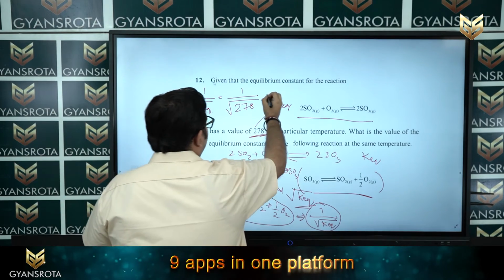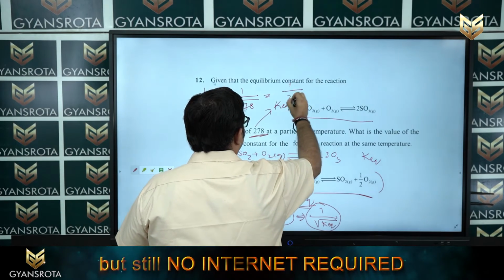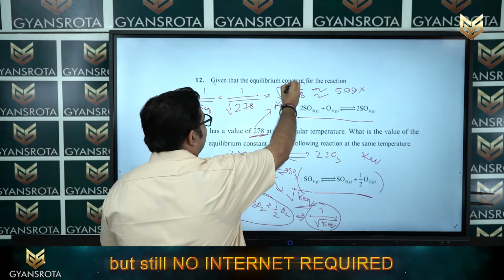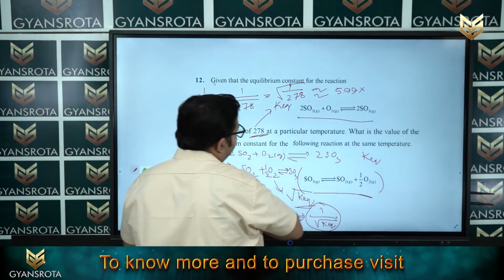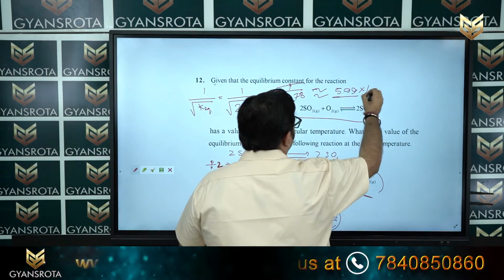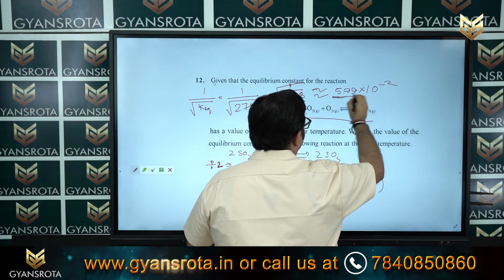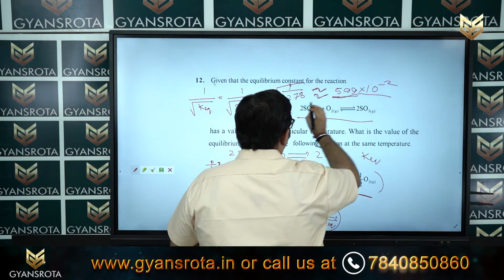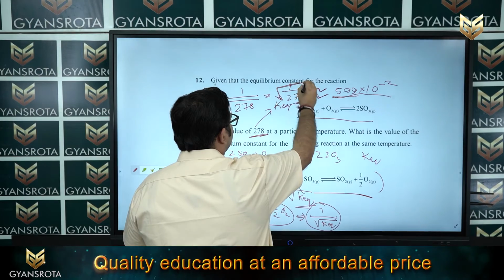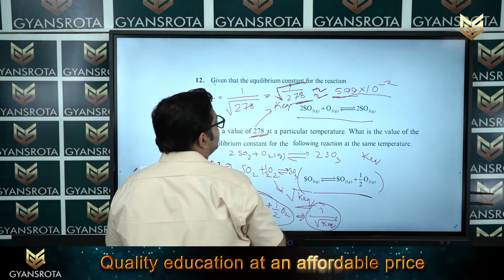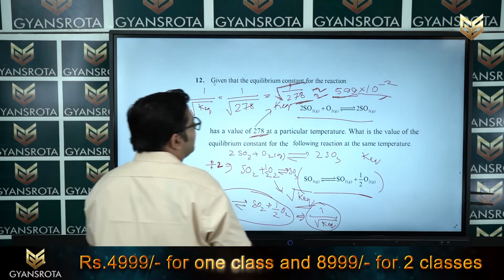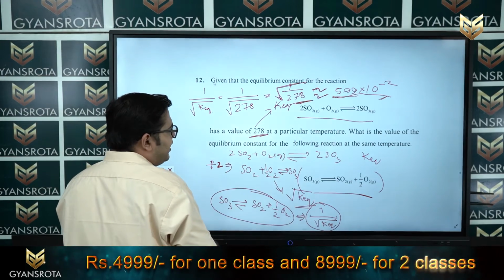If you solve this part, you will end up with the answer 5.99 into 10 to the power minus 2. This is an approximate value. Just do it at home, take 1 by root 278, and you end up with the answer nearly 5.99 into 10 to the power minus 2.